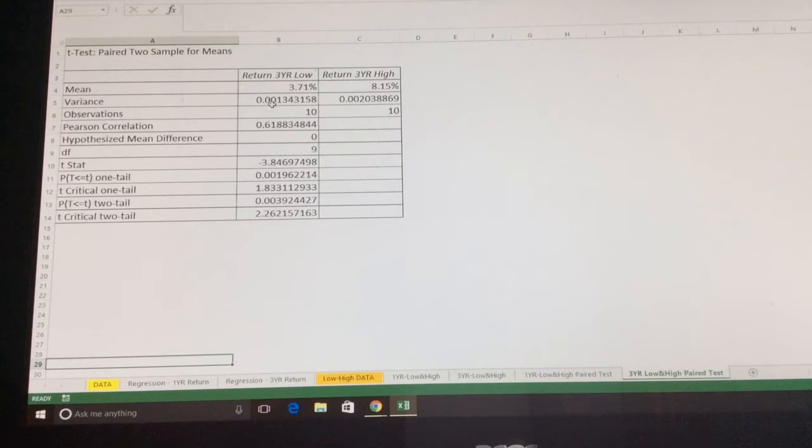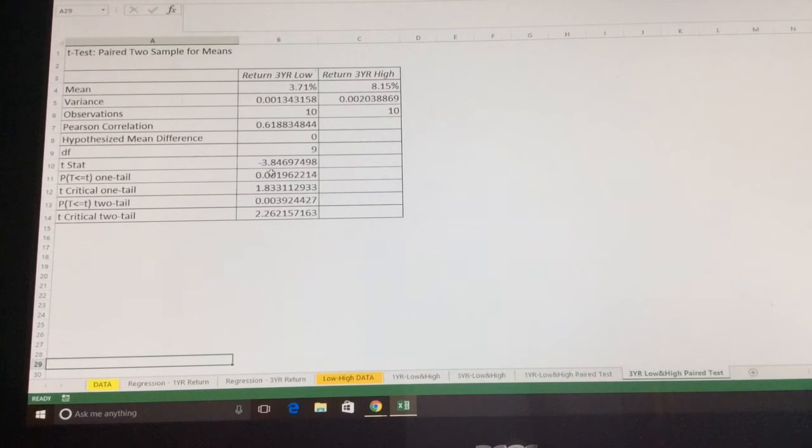Now let's take a look at the 3-year low and high. Again, this is comparing the 10 funds that had the lowest Sharpe ratios and the 10 funds that had the highest Sharpe ratios. We see the same means here, about 3.71% average on the low, 8.15% average on the high. Variance very low, 10 observations. The t-stat is even more significant, minus 3.85.